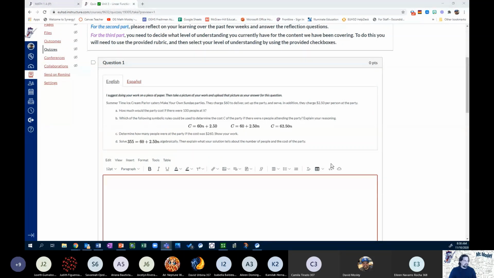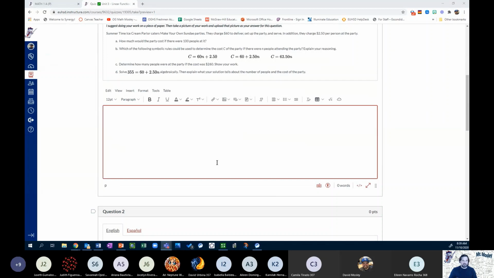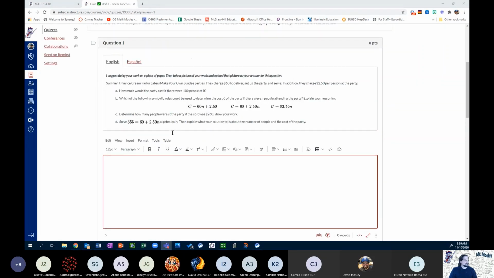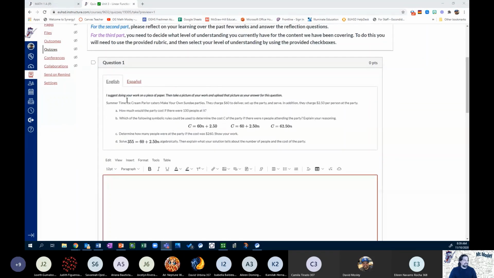You can attach a picture as a file, or you can embed a picture in the text editor. It just depends on which version of the text editor you're using. There are 2 possible versions within Canvas. I prefer this one because it's a little easier to use. If you want to change that, you change that in settings.